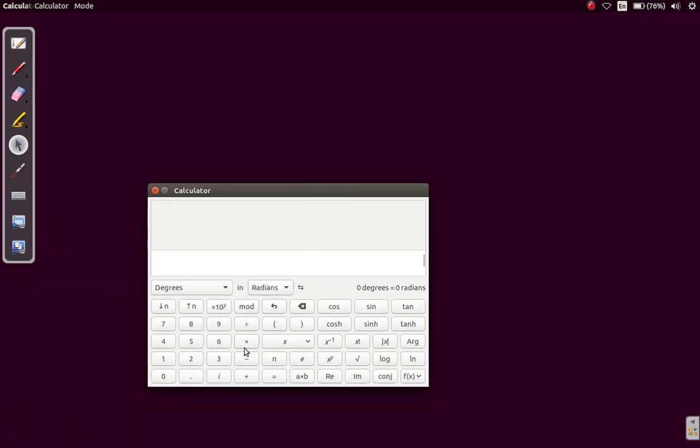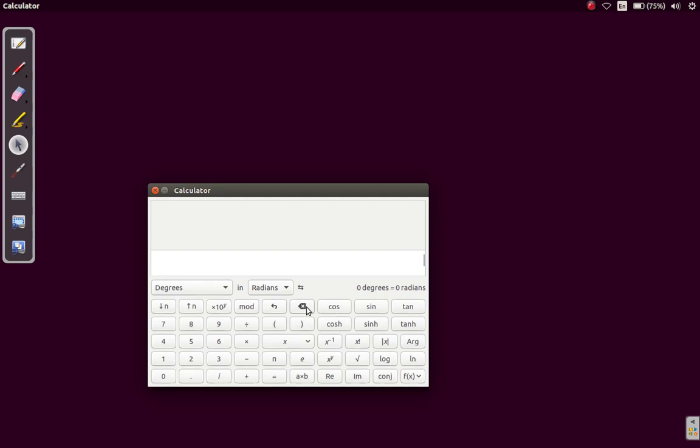This is my scientific calculator. Yes, I see there's a LOG and there's an ln. On your scientific calculator you would have 10 to the x above it, right? But in this case it would have to be inverse.